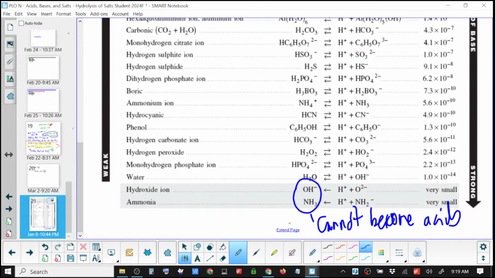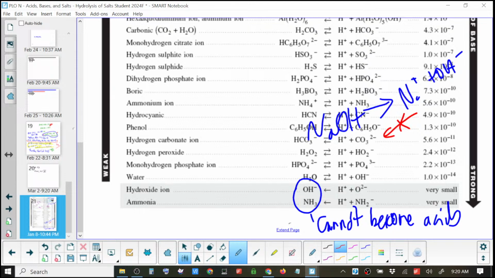But that's what I'm saying, like if you have Na, it would be on the right side, so it would still go back. I'm just going to do it this way so I don't get confused. What kind of arrow do we have with sodium hydroxide? One way. So if it has a one-way arrow, that means you can't go that way.